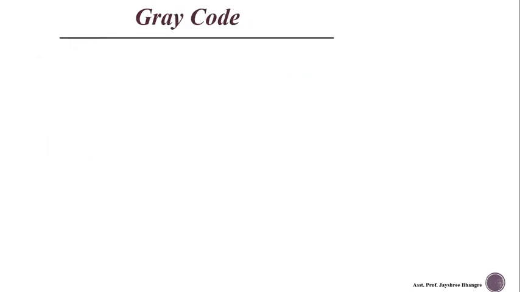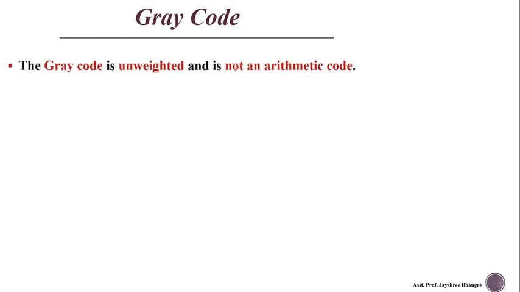Now the next code is the gray code. It is a very important code. The gray code is unweighted, or non-weighted, or it is not an arithmetic code. Remember, gray code is a non-weighted or not an arithmetic code. So BCD code is a weighted code, and whatever number systems we have studied, they all are weighted number systems.